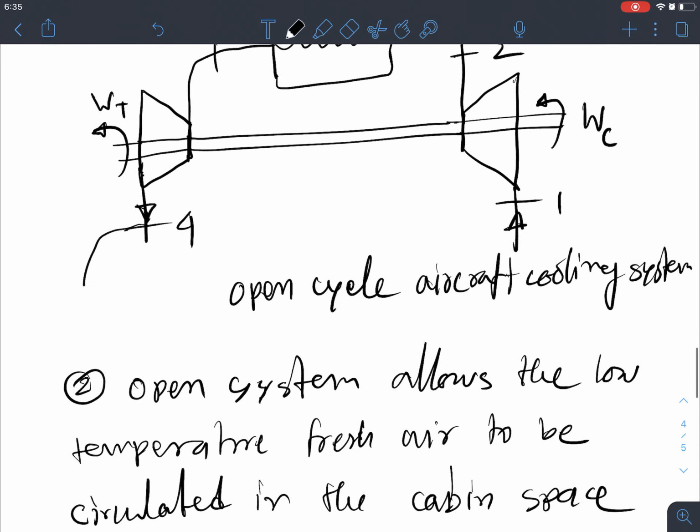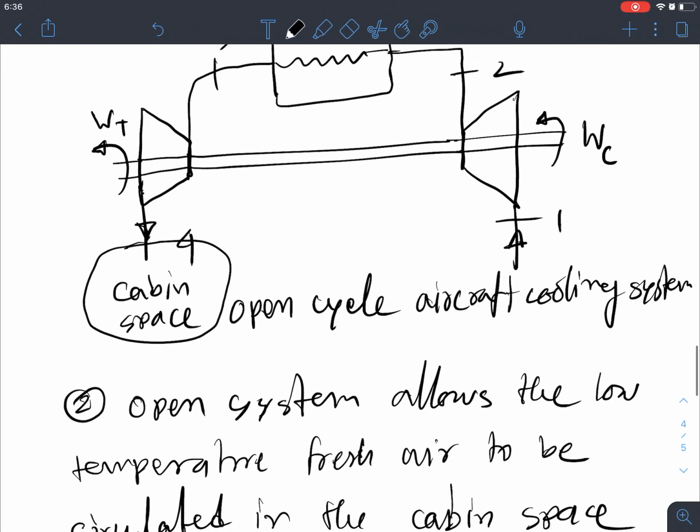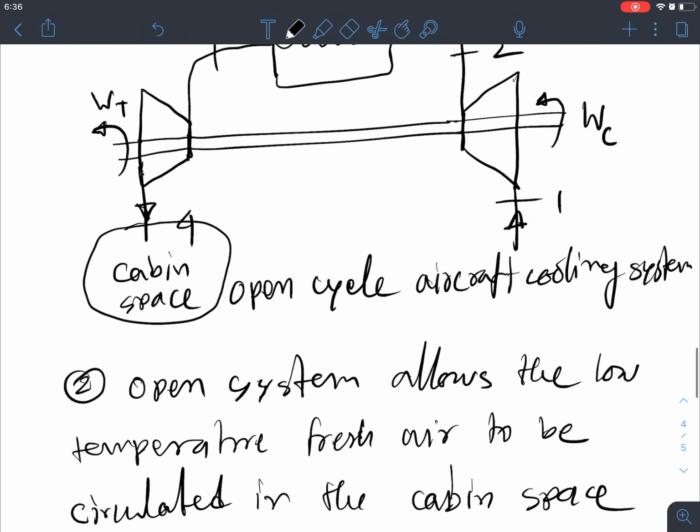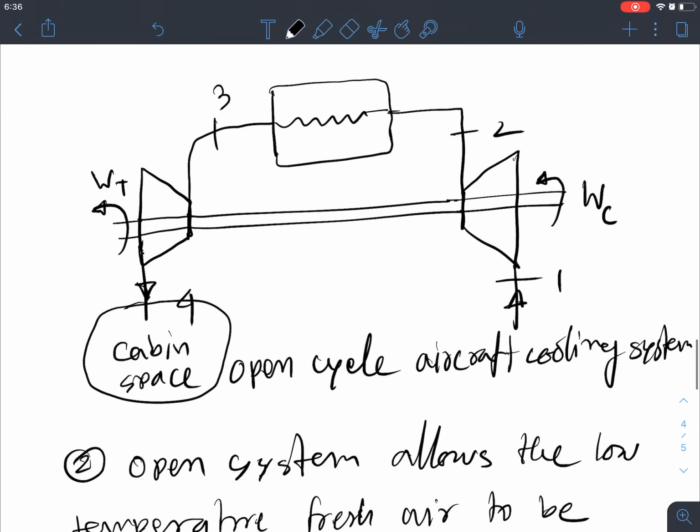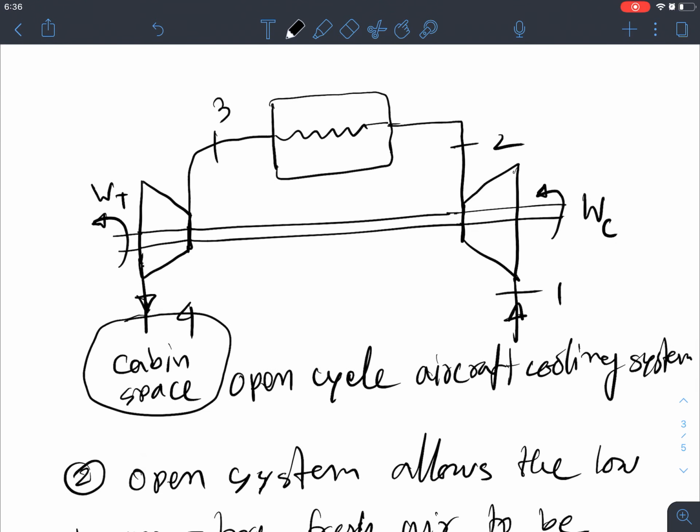So basically you take this number 4 as your cabin space, right? So that's the benefit of this. It is simpler, lighter, and there is no such complex instrumentation. That's why we use it in aircraft cooling application, or a lot of cryogenic applications as well.